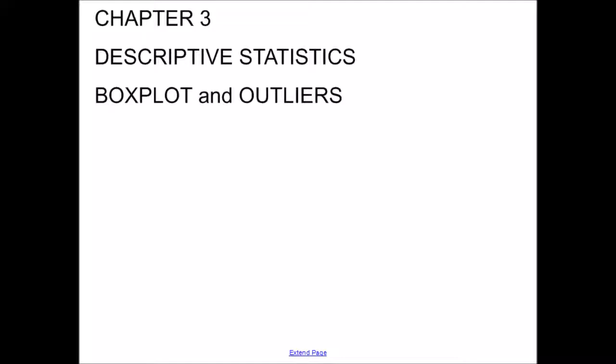Again, descriptive statistics. We're dealing with box plots and outliers. These are based on the position of data relative to other data rather than the actual values themselves. So for a particular set, I am looking at what's already been created as the 5-number summary.